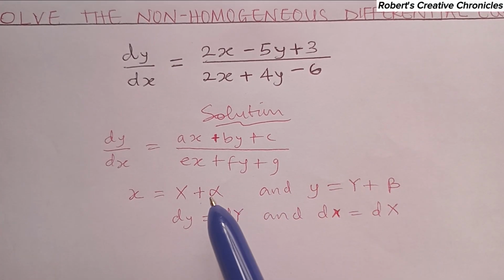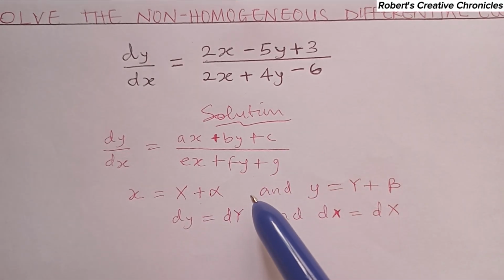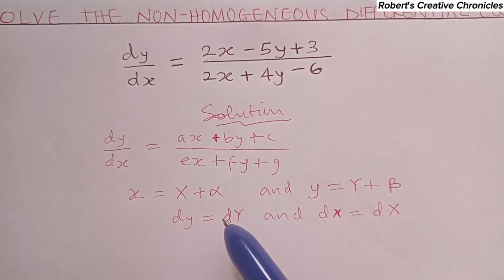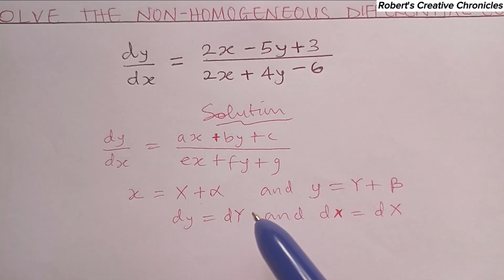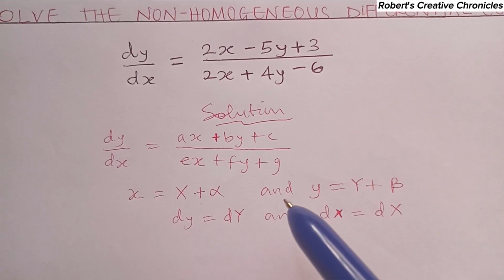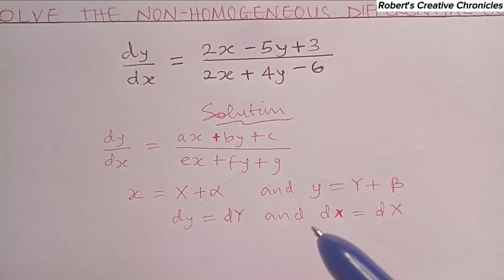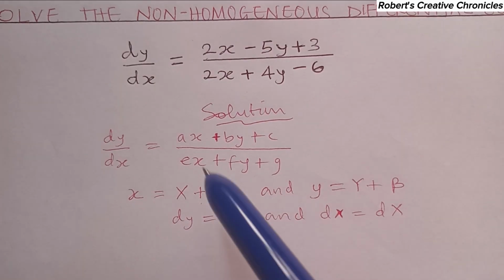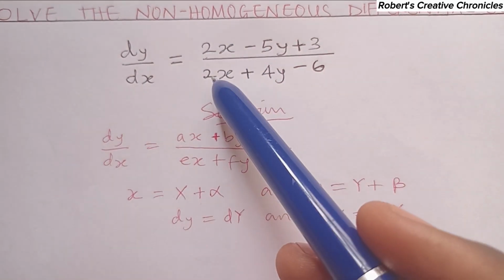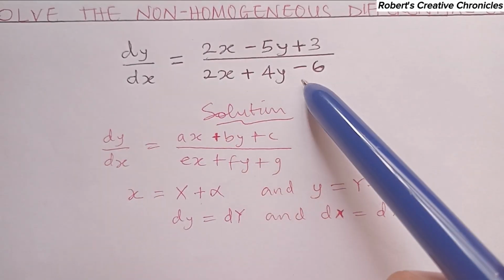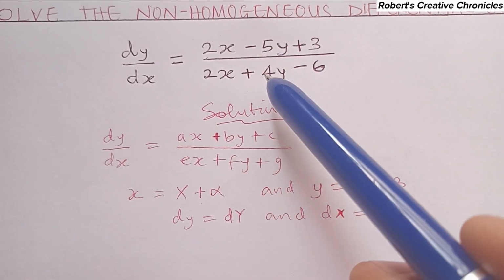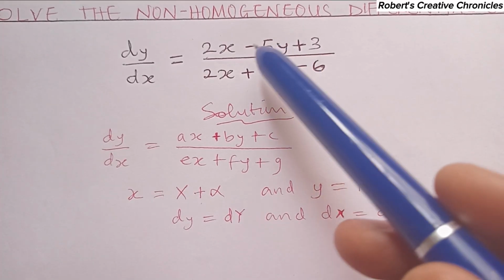But note that if a over e is equal to b over f, we will not be able to find alpha and beta uniquely. So a over e is what? 2 over 2 is 1, and b over f is negative 5 over 4.